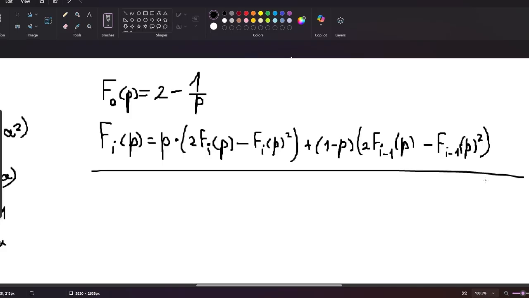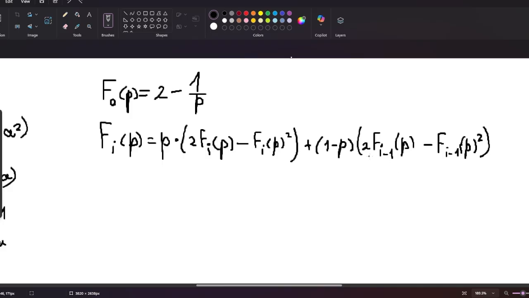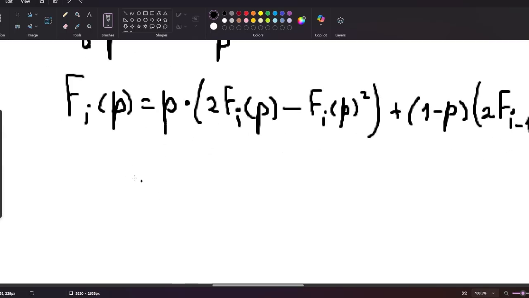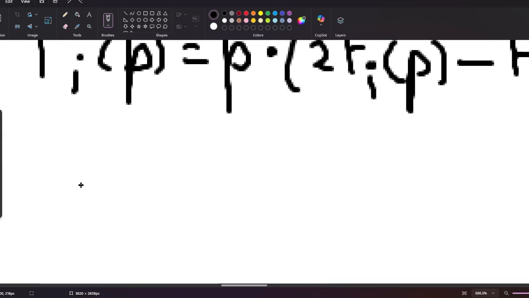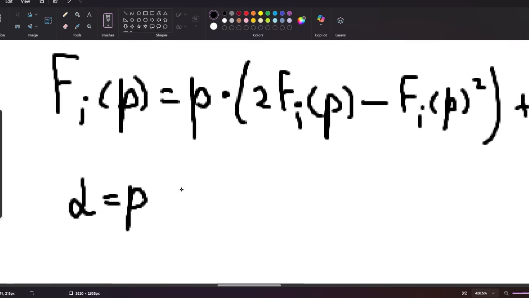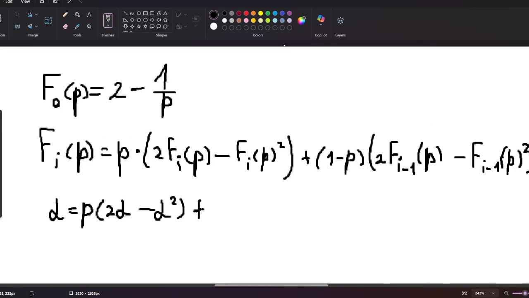Now let's swap some notation for simplicity's sake. Let's change f_{i-1} of p for b and f_i of p for a temporarily, or rather, let's pick nicer letters, let's say we have alpha and beta. Right. p times 2 alpha minus alpha squared plus 1 minus p times 2 beta minus beta squared.